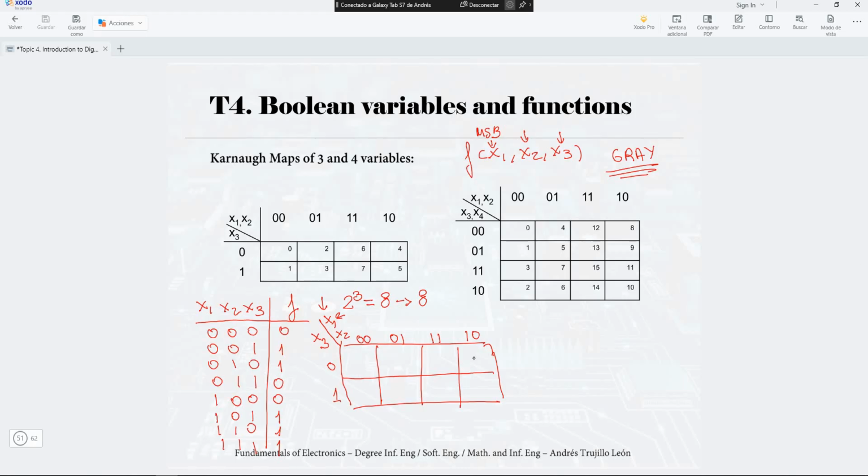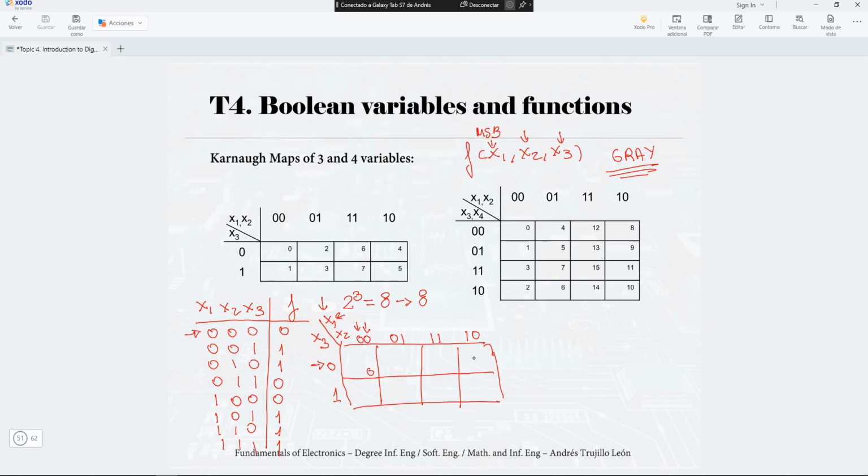So how can we do the equivalence between the Karnaugh map and the truth table? This is the cell 0. Why? Because x1 is equal to 0, x2 is equal to 0, and x3 is equal to 0.